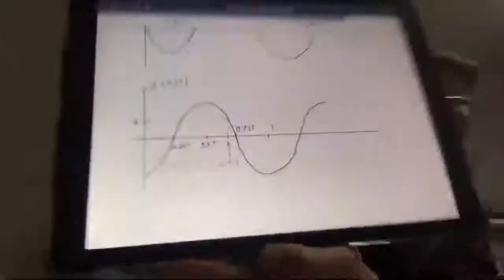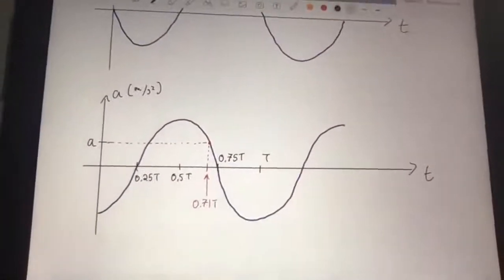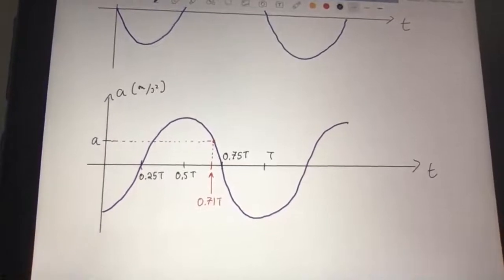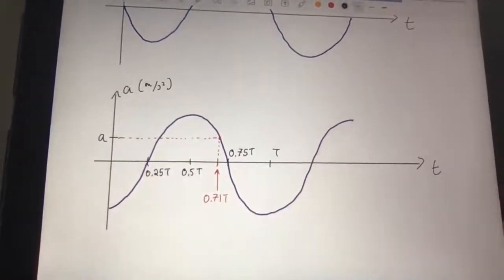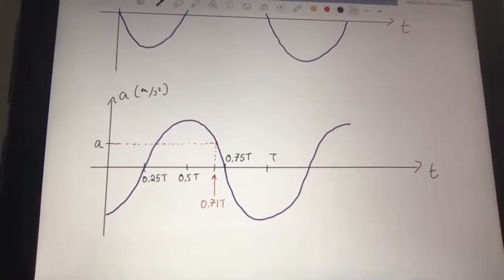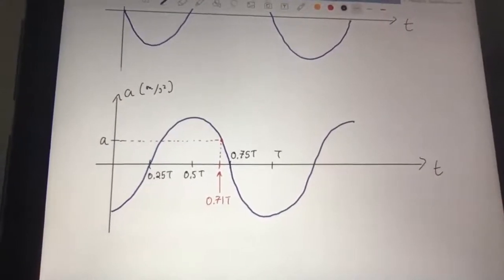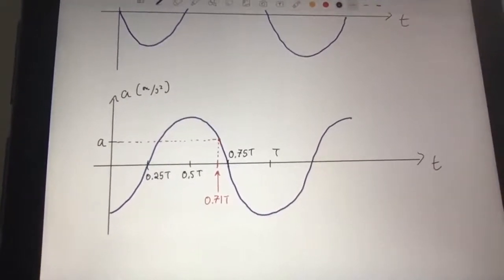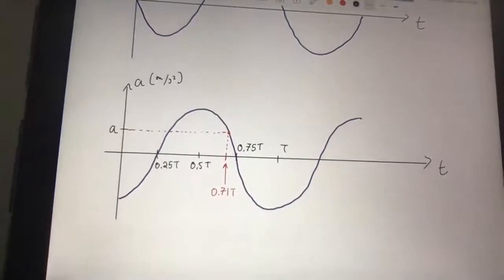So at 0.71 T, our acceleration would be right at the point that I drew on the curve. And then I drew the dotted horizontal line to show the vertical value of that point, which would be the value of the instantaneous acceleration of the spring oscillator.